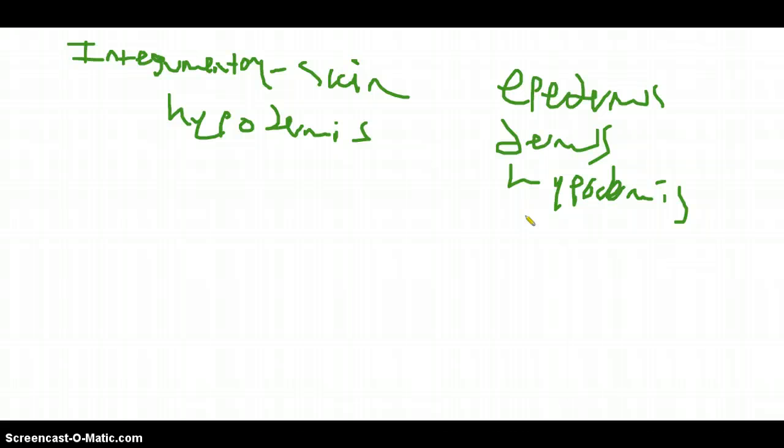So the skin has multiple purposes. We have resistance, by the way, these things are cursive S's, and resistance to trauma and infection. The epidermal cells are packed with a protein that's very important called keratin.